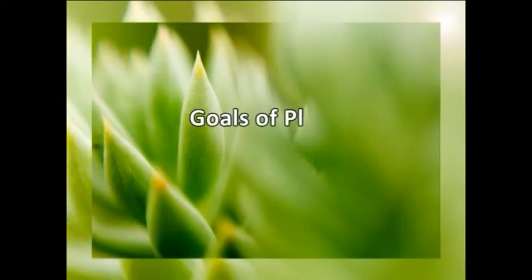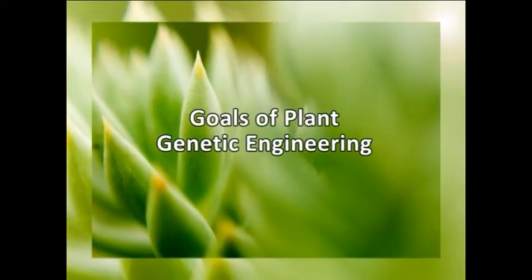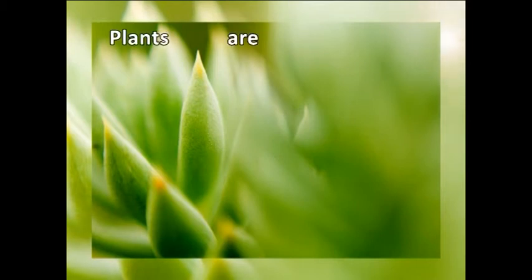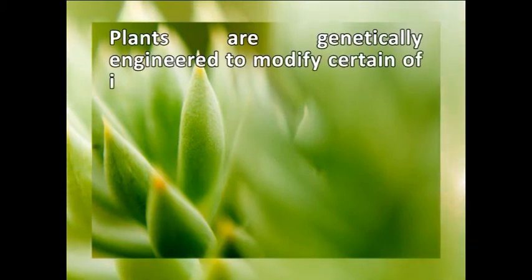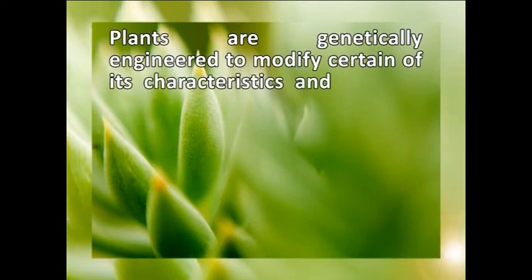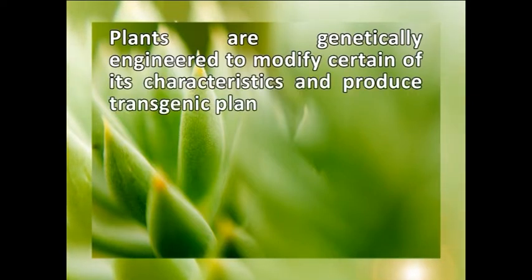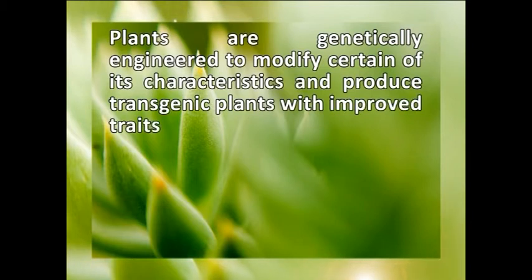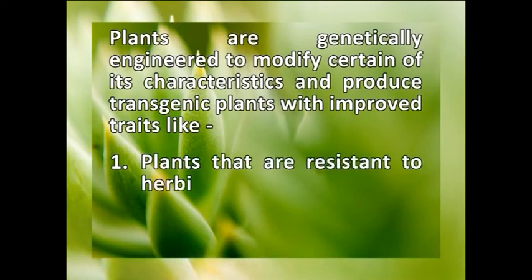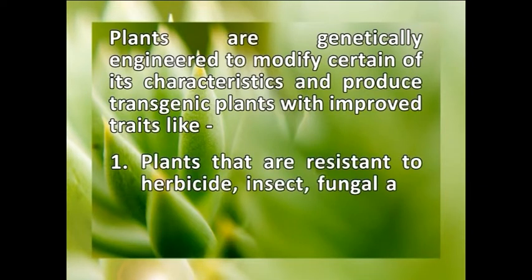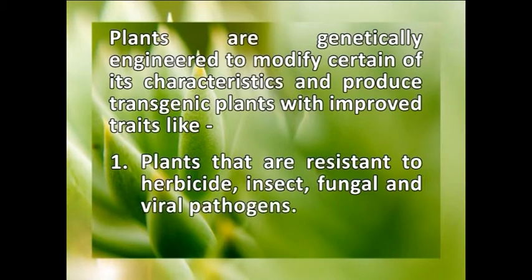Let us see the goals of plant genetic engineering. Plants are genetically engineered to modify certain of its characteristics and produce transgenic plants with improved traits like: first one is plants that are resistant to herbicide, insect, fungal and viral pathogens.